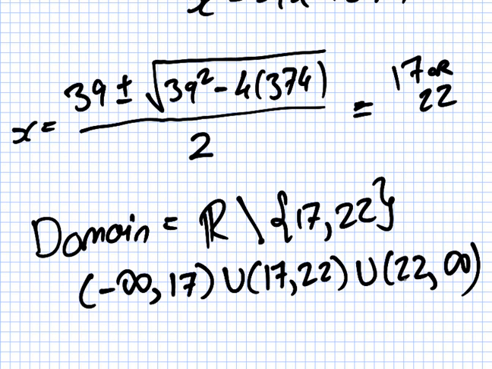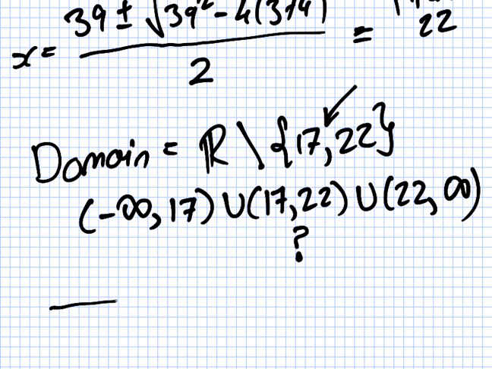Why didn't we say 22 to infinity without the middle one? Ah, so your question is, why do I need this one too? Well, because I'm saying here I can't use 17 and I can't use 22, but I can use the numbers in between them. You know, if you draw the number line.